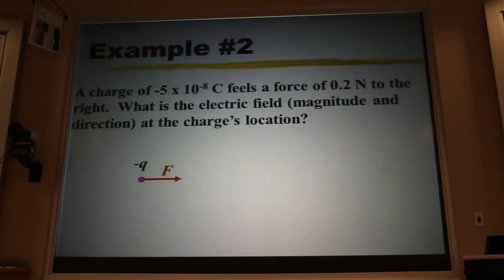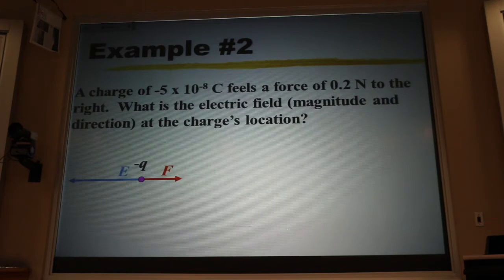Second example, a charge of -5 times 10 to the minus 8, we could also call that -50 nanocoulombs, feels a force of 0.2 newtons to the right. Now it's a negative test charge, so the electric field in that location is going to point which way? To the left.